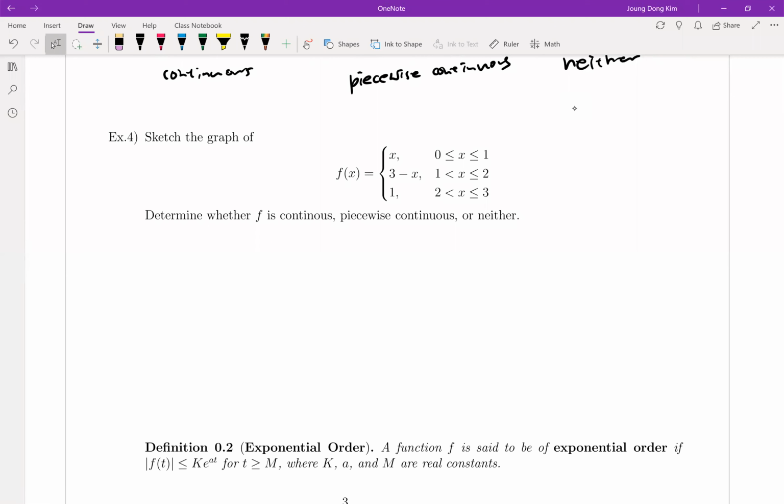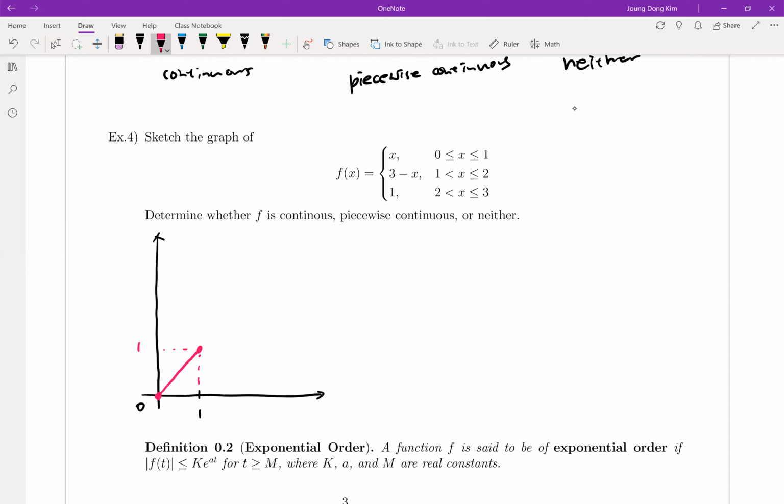So what about this one? Let me try to sketch the graph of this one, okay? Here we go. Let's take it step by step. The first function is defined between 0 to 1, right? Let me use a different color. And it is x, where 0 is inclusive and 1 is also inclusive, right? That is 1.